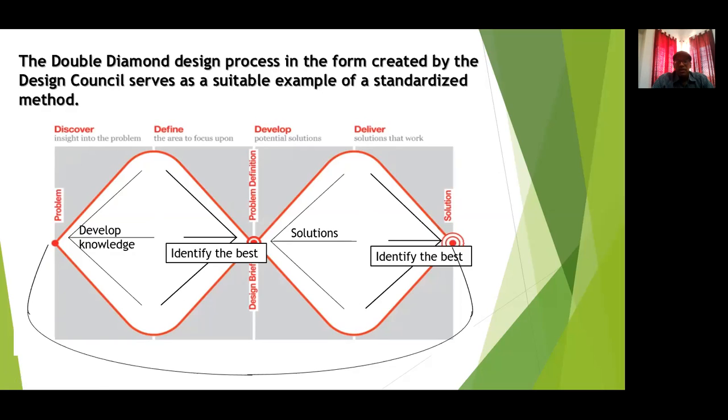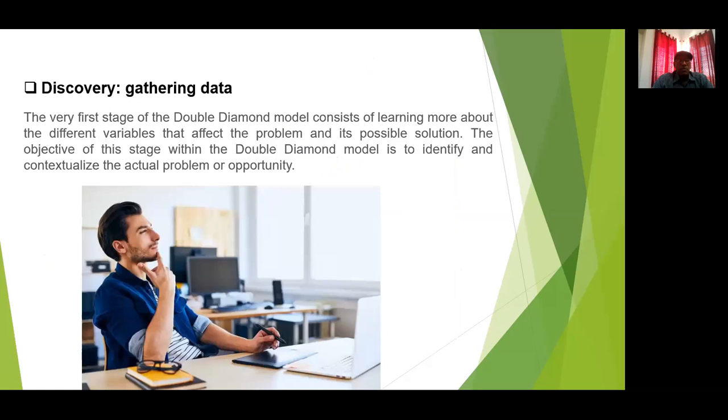This is convergence, so you are identifying the best solution suited for that product. You have to repeat this process if it is not satisfactory: it is shown to the user, and the user can post their hypotheses, requirements, and so on. So this gives a complete double diamond approach for a design process.